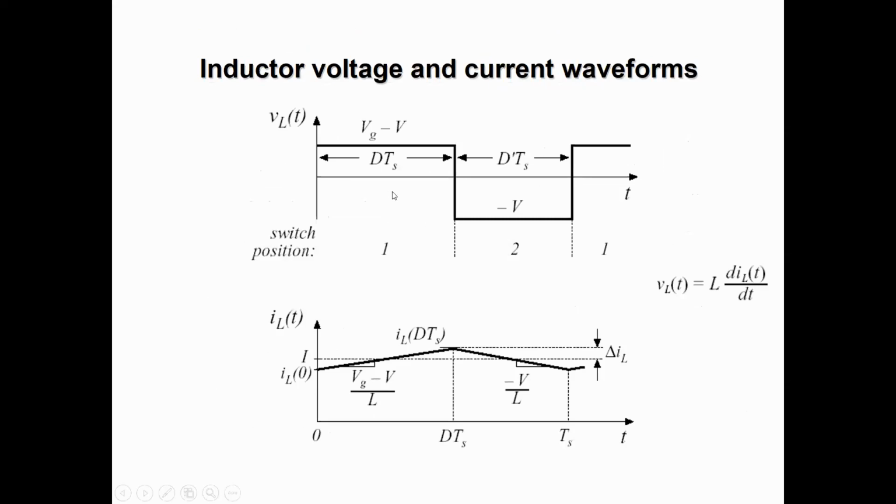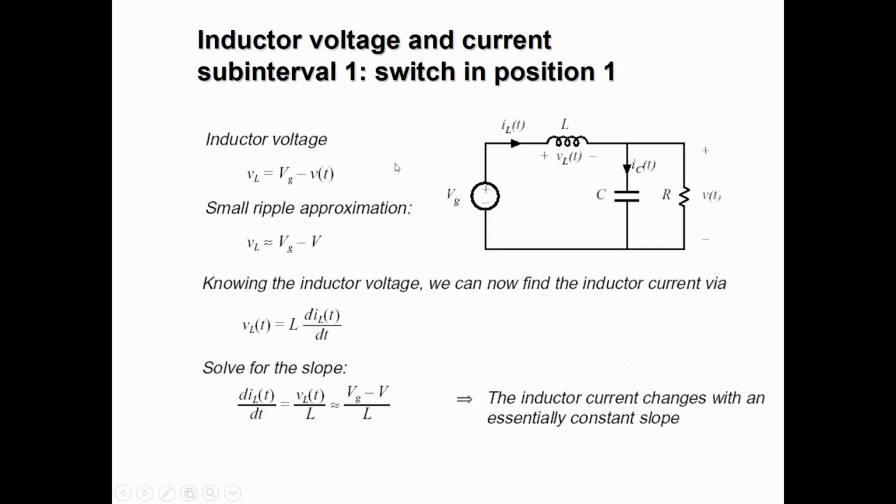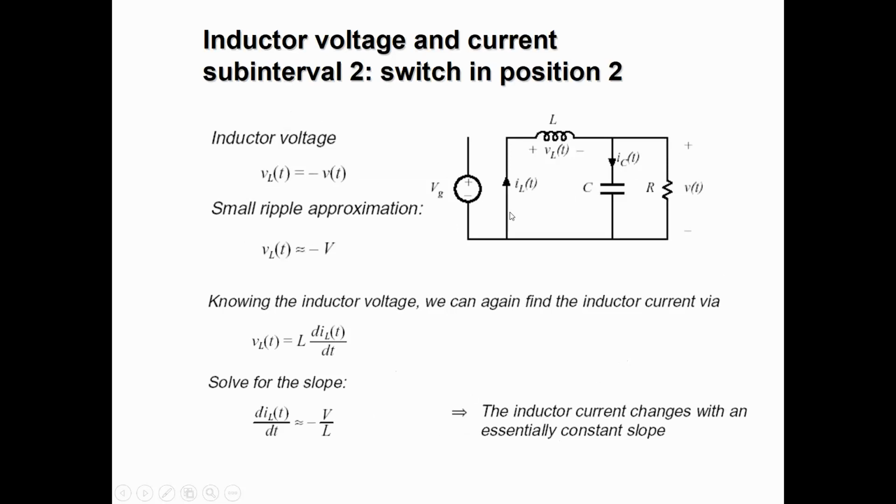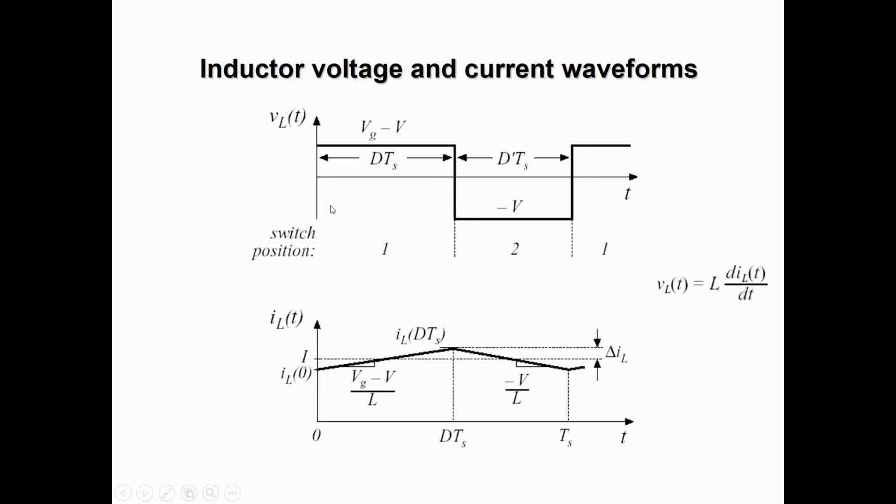If we look at the waveform, the inductor voltage is equal to Vg minus V from 0 to DTs, as we have already derived. And when the switch is connected at position 2, from DTs to Ts, the inductor voltage is minus V. Now what is the inductor current equal to?